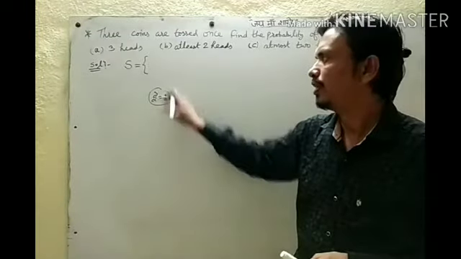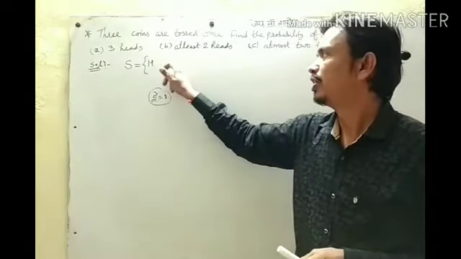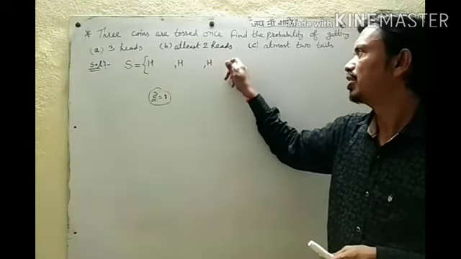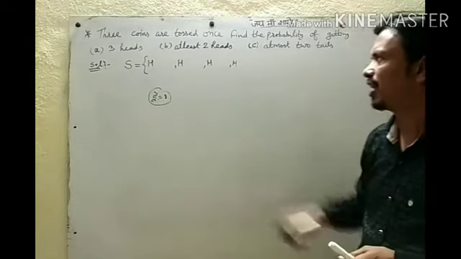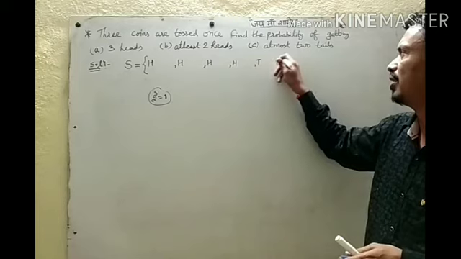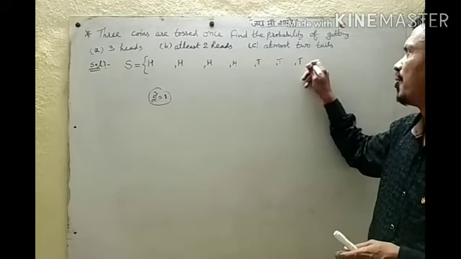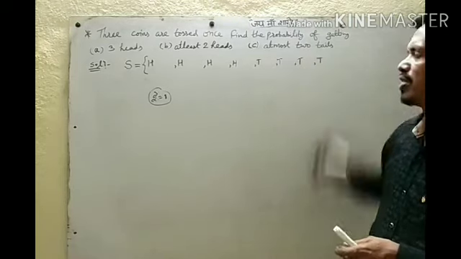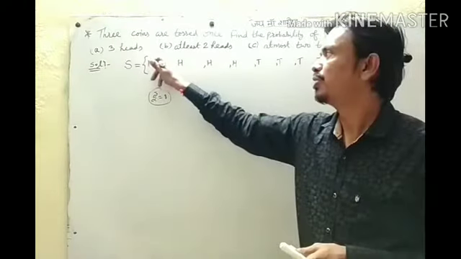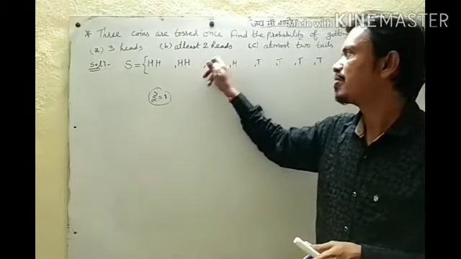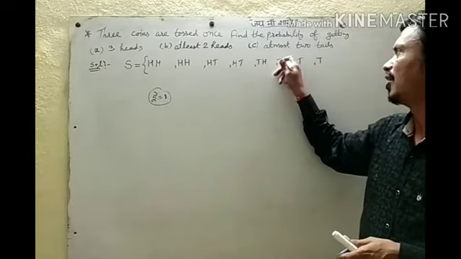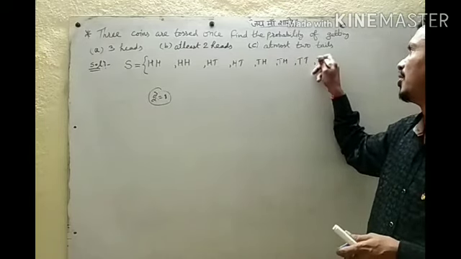Take its half. So H, 4 times H you can write, and then 4 times tail. Then take half of 4, which is 2. So 2 times we write head and 2 times tail, then 2 times head, then 2 times tail.